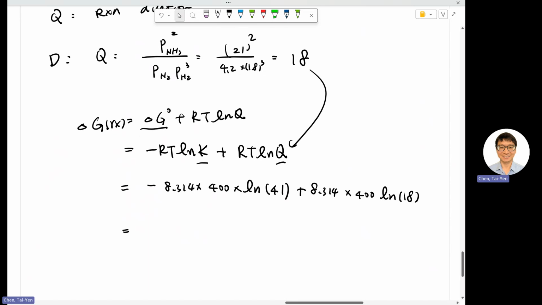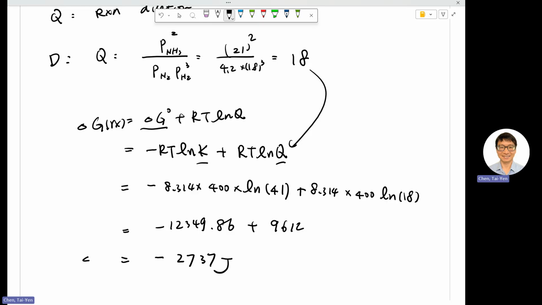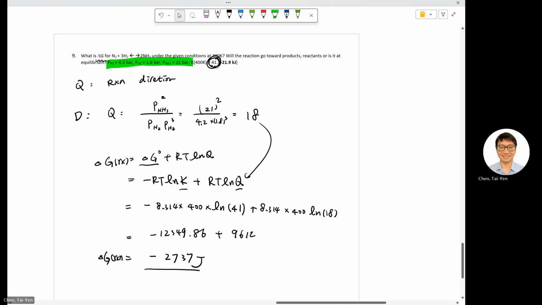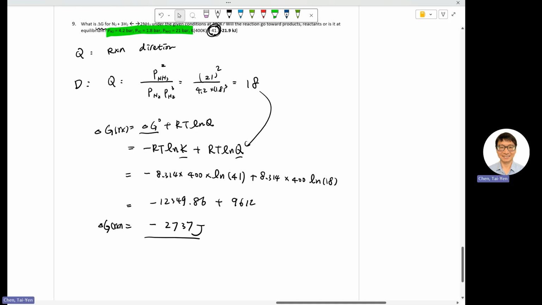If you do these calculations, the first term is negative 12349.86, and the second is 9612. So you end up with a value of negative 27370 joule. So your delta G of your reaction is negative. Therefore, it's going to move to the product side, and the delta G of this is this number.